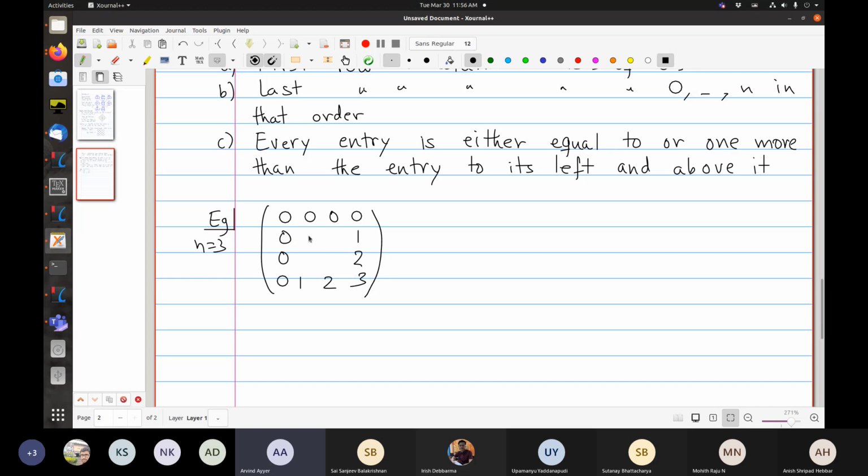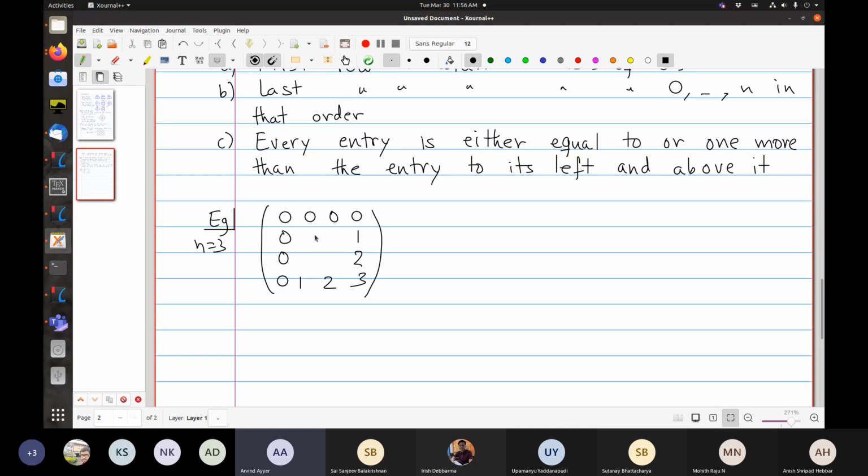And now you have to make sure that every entry is either equal to or at most one more than the entry to its left and above.